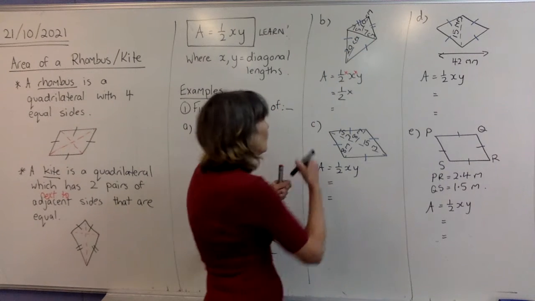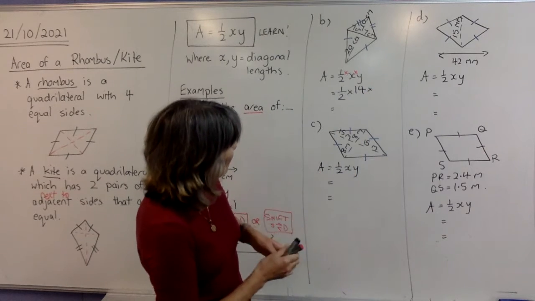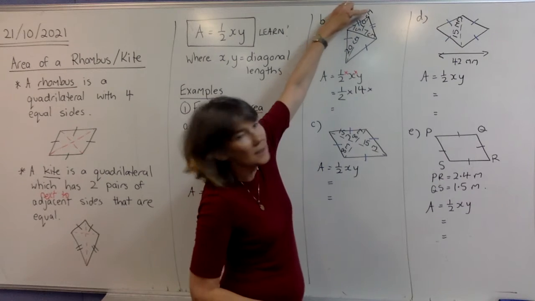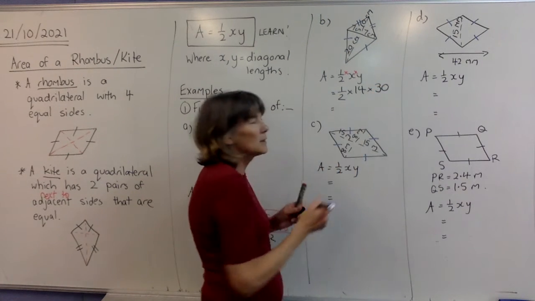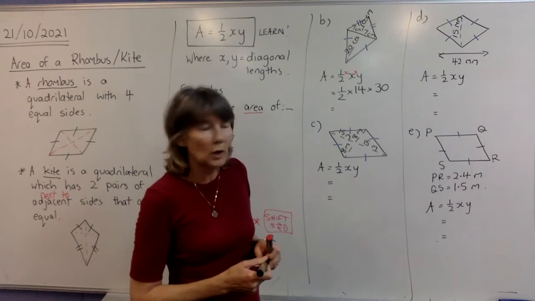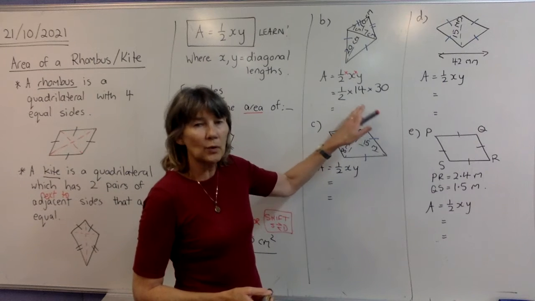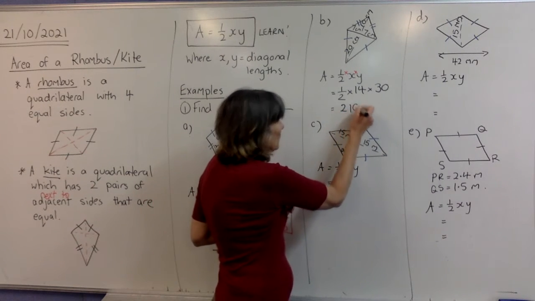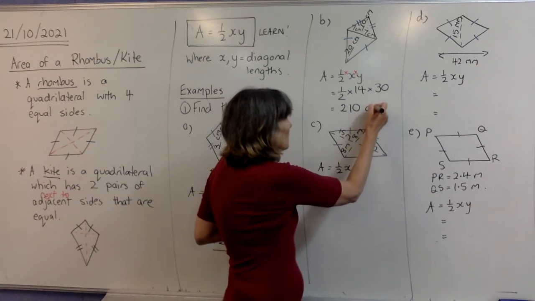So that's going to be 14 going in there. And the other diagonal going from here to here is 20 plus 10. So you're going to have 30 going in there. All right, so just be careful. You've got to give the whole diagonal length. So now you put that in your calculator. A half times 14 times 30, and that will give you 210. Then you write centimetres and squared on the end.